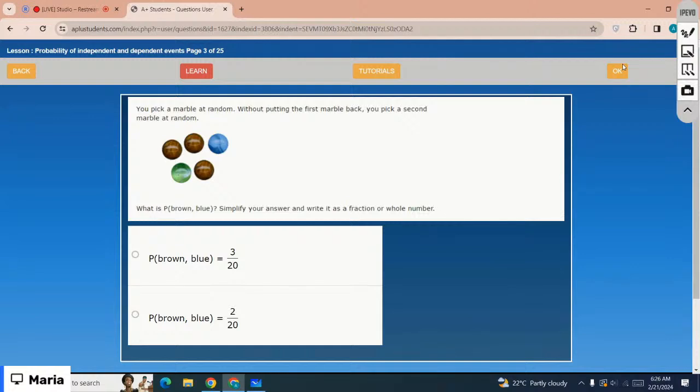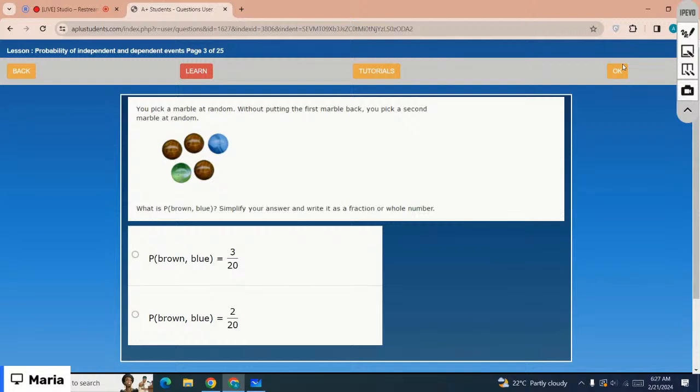You pick a card at random. Without putting the first card back, you pick a second marble at random. What is the probability of brown and blue? So, which is the correct option? So, they are dependent events, right?